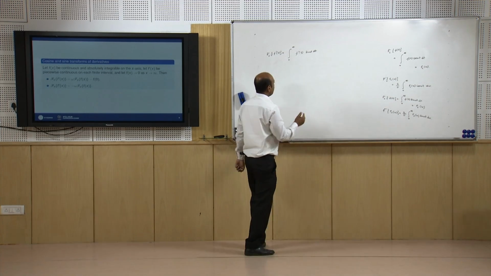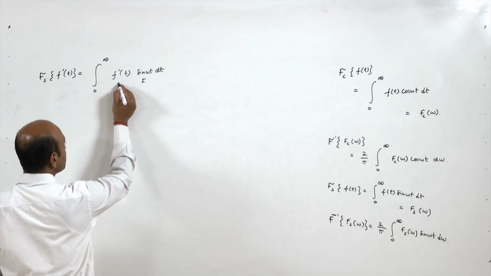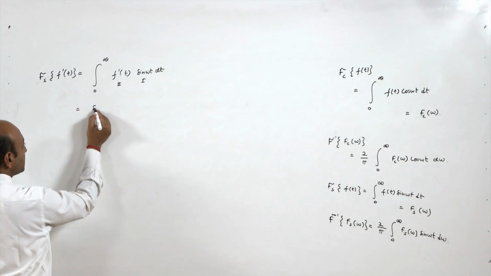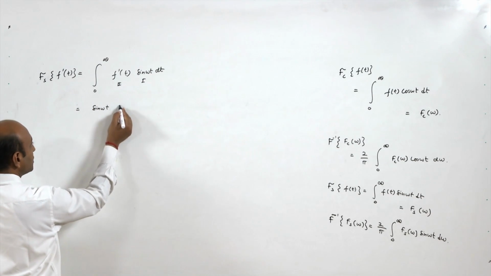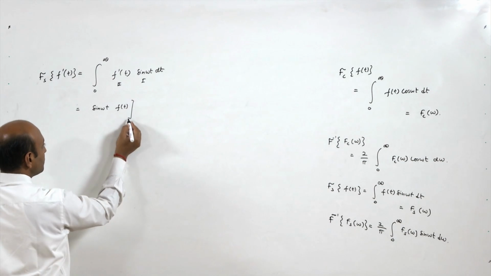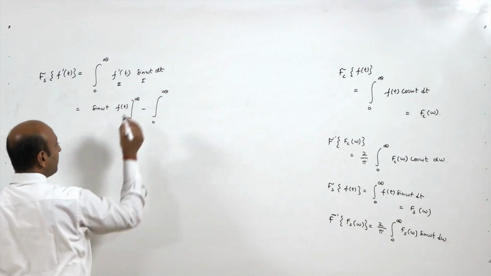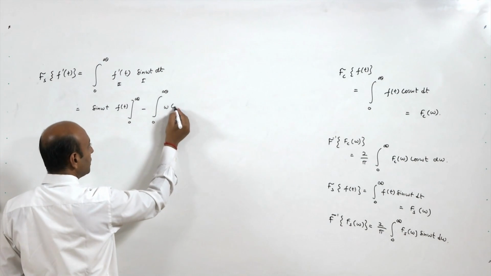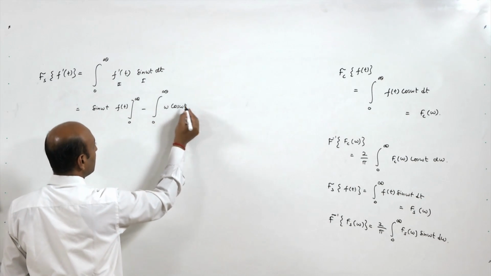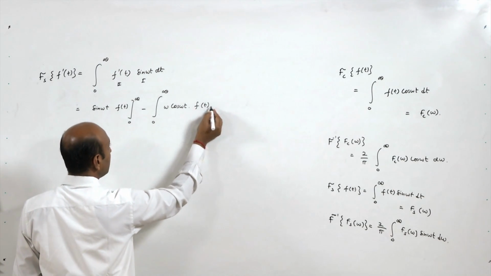Now, you again apply integration by parts. It is first as it is, integration of second from 0 to infinity, minus integral of derivative of first, which is omega cos omega t, into f t dt.